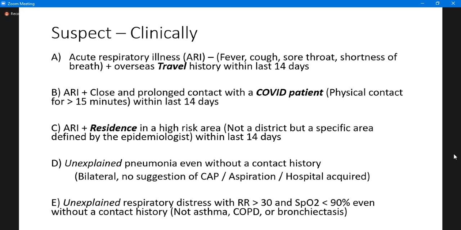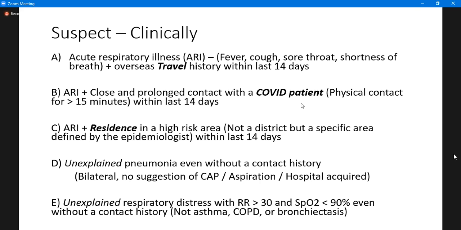First thing is, the patients need to have an acute respiratory illness, ARI. The 4 symptoms of acute respiratory illness, which the epidemiology unit has highlighted, are fever, cough, sore throat, and shortness of breath.